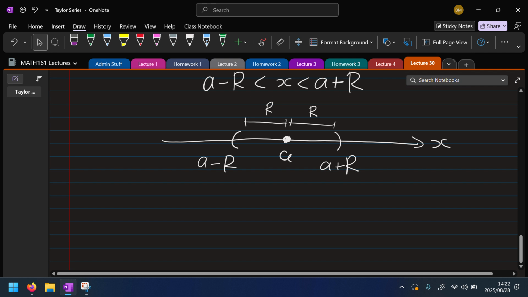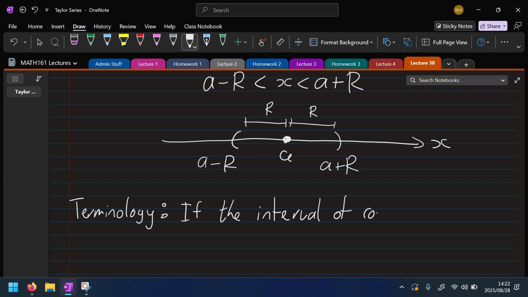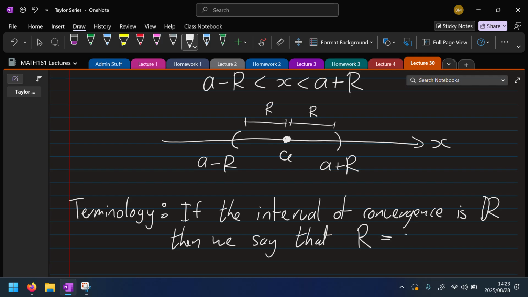Then just a bit of terminology. If the interval of convergence is all of the real numbers, which we'll see in the next example, so say the interval of convergence is everything, then we say that the radius of convergence r is infinite.